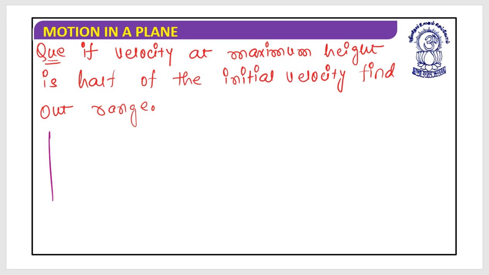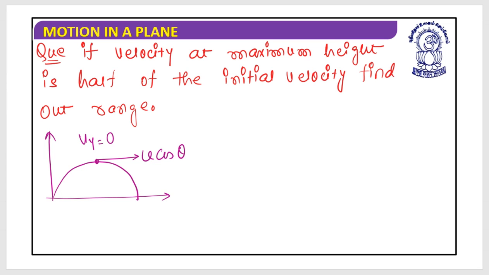Let's first sketch what they want. This is the velocity at maximum height. At this point Vy would be 0, but Vx would be there, and Vx would be u cos theta.